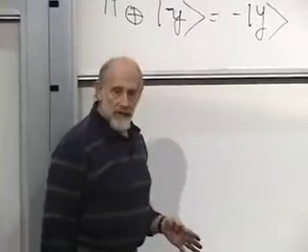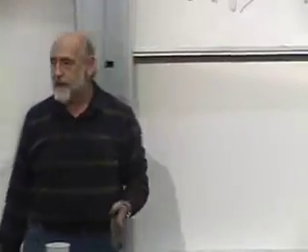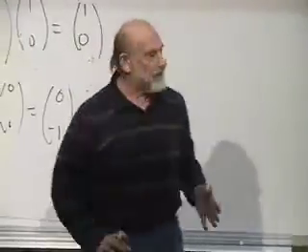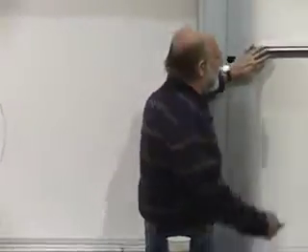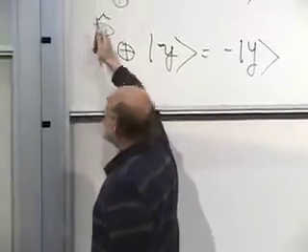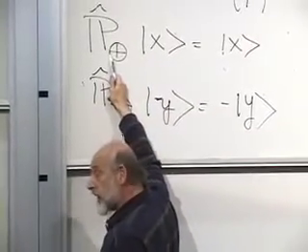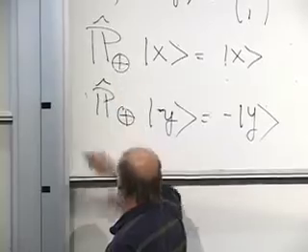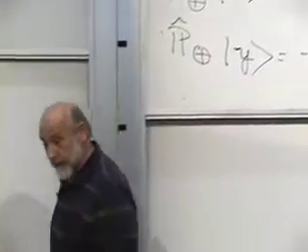The eigenvectors are states of definite polarization. The two basis vectors are states of definite polarization, and the observable polarization, the mathematical observable, is represented by the operator P.